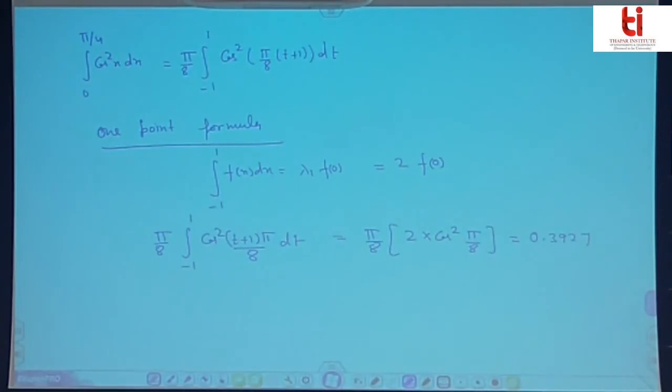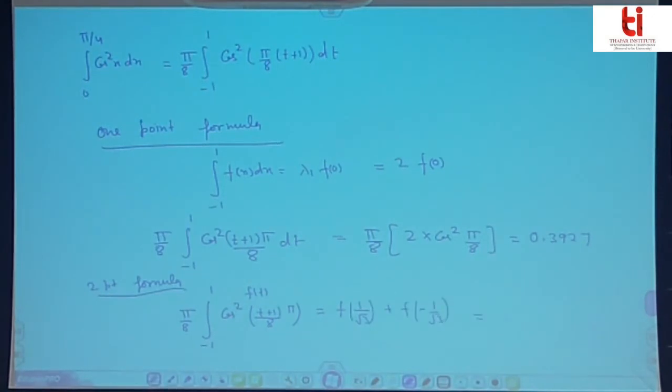Okay, so the 2-point formula. For the 2-point formula, the function is f of t, and the formula is f of 1 by root 3 plus f of minus 1 by root 3.